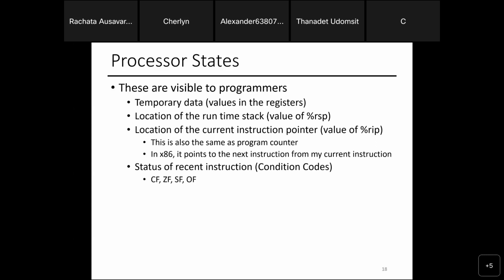If I subtract two numbers A and B, and the subtraction results in a 0, the zero flag becomes 1. Let's say I add two numbers or do some operation, and I get a negative number as a result, the sign flag will become 1. So CF is carry, as in the previous operation resulted in a carry. ZF is whether the previous operation resulted in a 0.